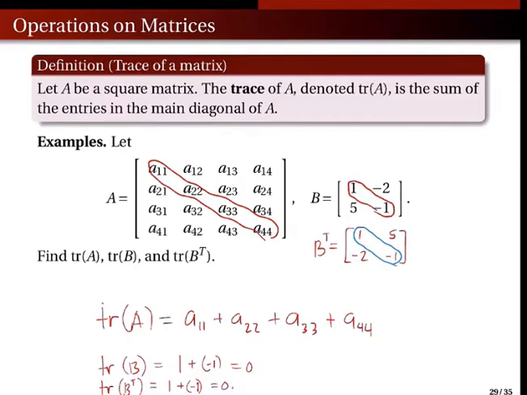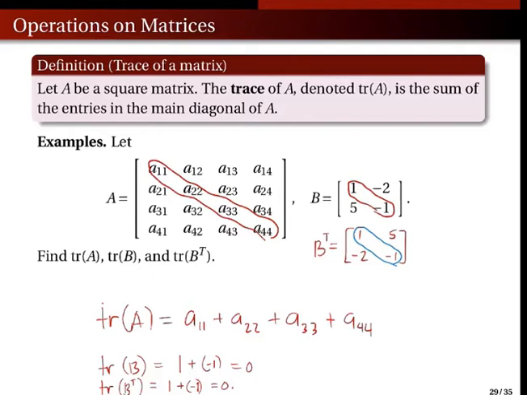Now, at this point, let me give a particular remark. When you have a square matrix and you find the transpose of that, the main diagonal does not change. Because in the transpose, the Aij entry of the matrix A becomes the Aji entry of A transpose.